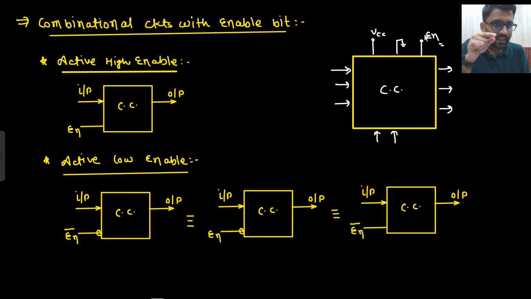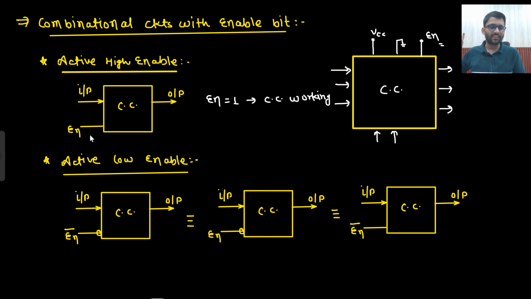What is this enable button? If EN is written directly, that means it is active high enable. What do you mean by active high enable? If EN is equal to 1, then your IC is working. IC means this is your combinational circuit. So the combinational circuit is working perfectly, the way it was working. If EN is 1, it is working perfectly. If EN is 0, it is not working.